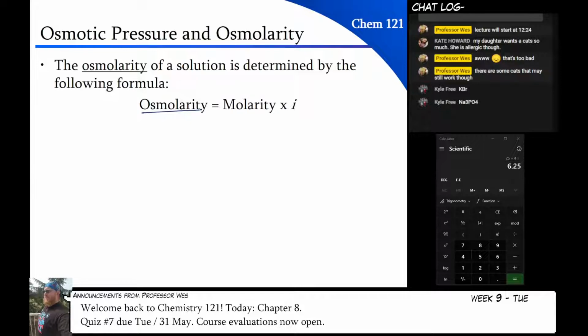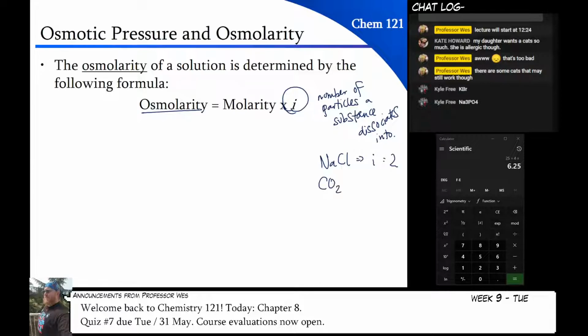So, if you know the molarity of a solution, you can multiply it by this term right here, i. i is the number of pieces or particles a substance dissociates into. For example, if I was looking at sodium chloride, i would be 2. But if I was looking at carbon dioxide, i would be 1.